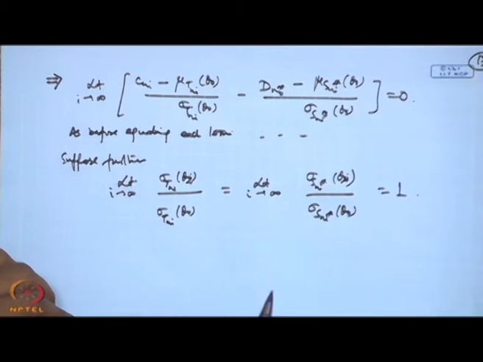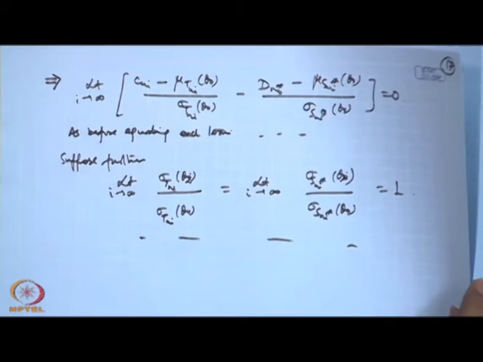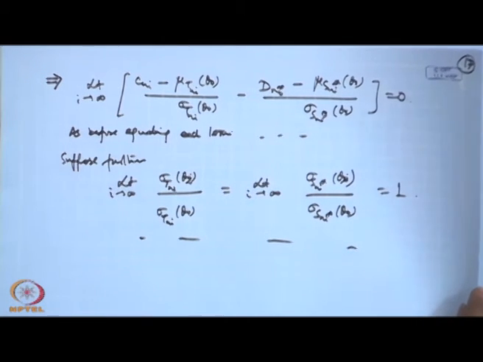So, these are the methods for estimating the asymptotic relative efficiency.